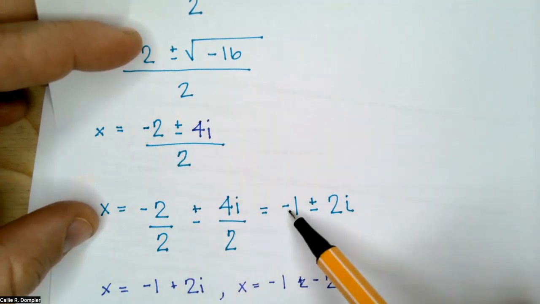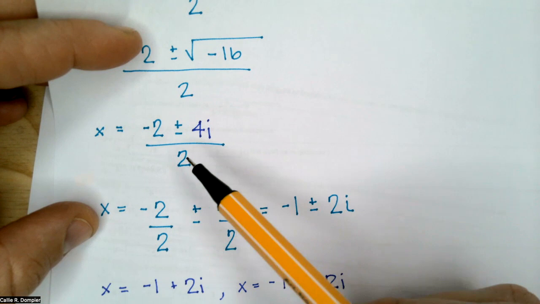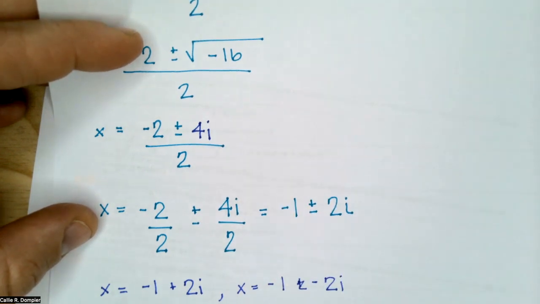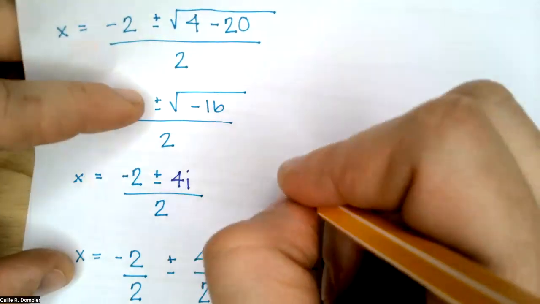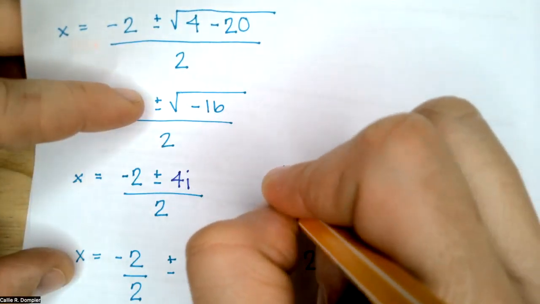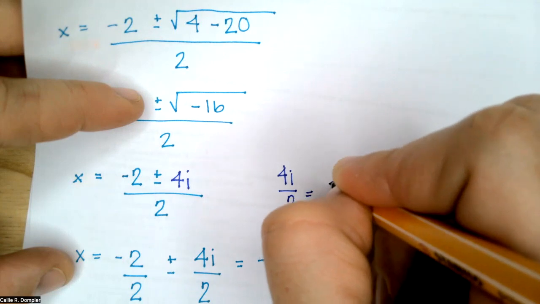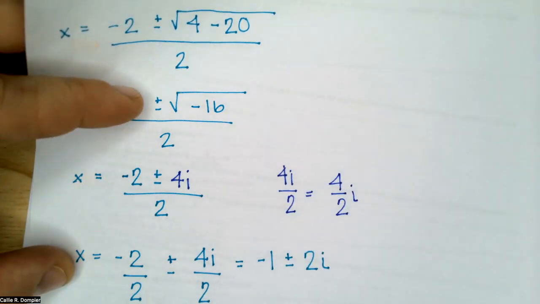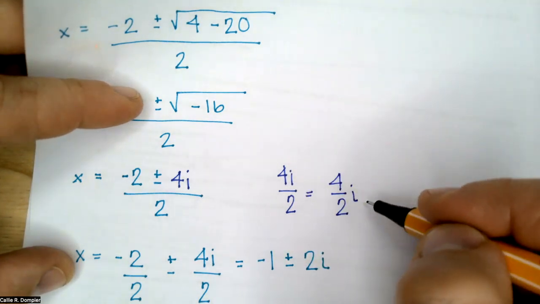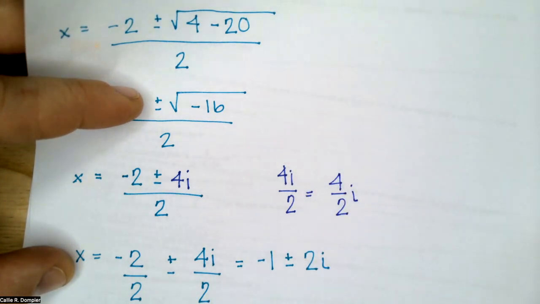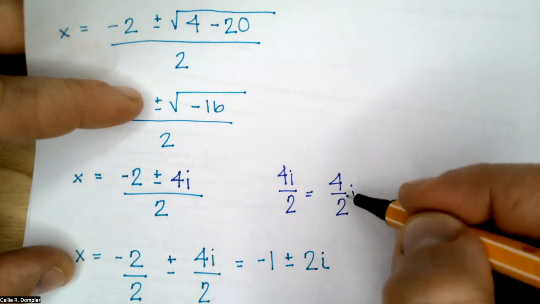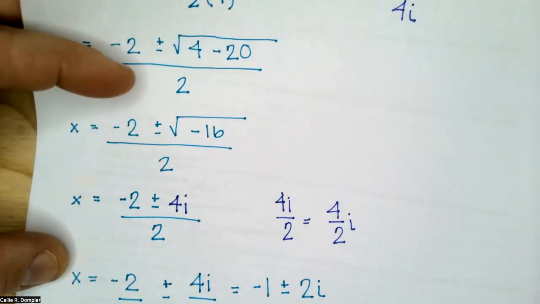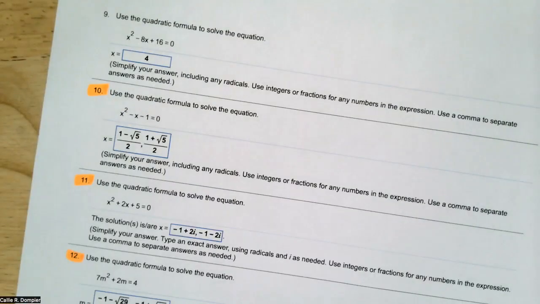Negative 2 divided by 2 is negative 1. 4 divided by 2 is 2, and we're multiplying it by that I. Okay, because another way to write 4I divided by 2 is 4 divided by 2 times I. If the term is on the top, you can put it out to the front or the back. We're taking that 4 divided by 2 and we're multiplying it by I. It becomes 2I. All right, that is number 11. Let's go on to 12.